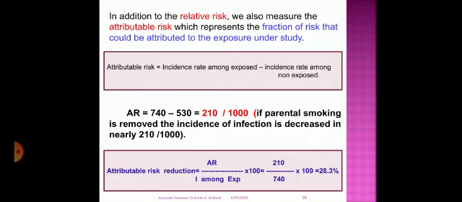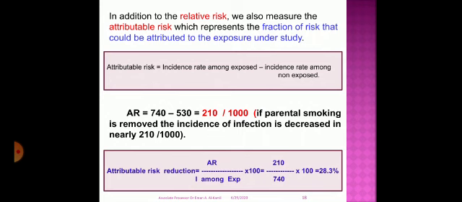That means what is the fraction of the incidence of acute respiratory tract infection among children whose parents are smoking, and it is equal to 740 minus 530, which is 210 per thousand. That means if parental smoking is removed, the incidence can be decreased by 210.